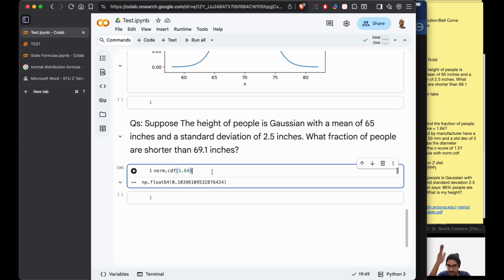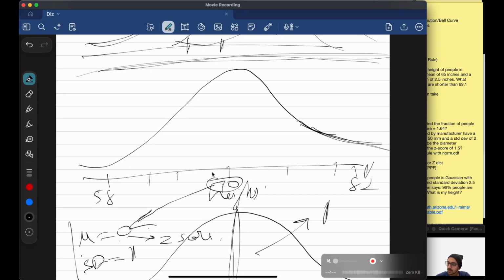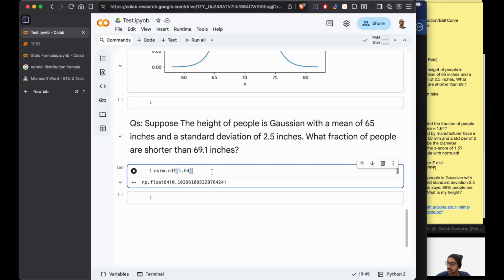Let's say the z-score value is 1.64, came somewhere around here, let's just assume. So until that point, cumulatively you have to calculate all those probability values, right?